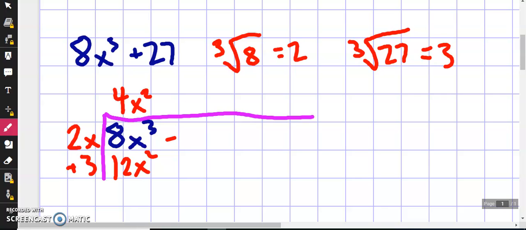I need to cancel the x squared with a negative 12x squared.